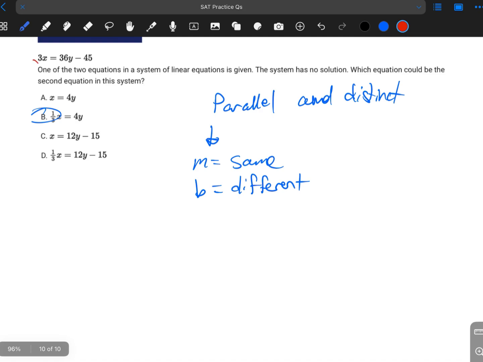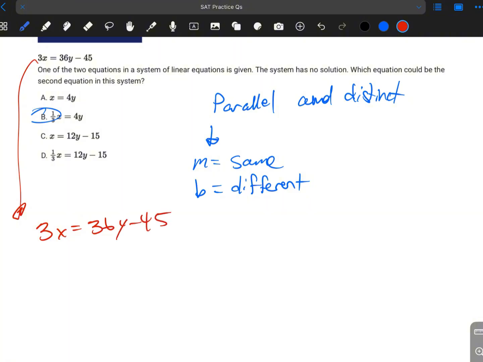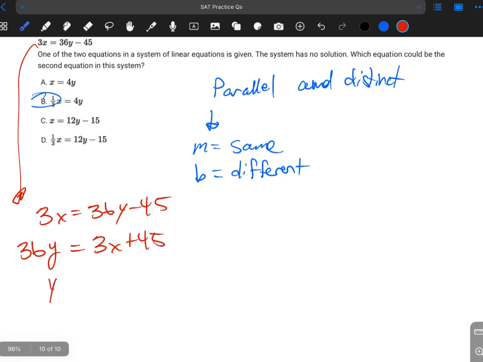So let's start by rearranging the equation that they give us. They say 3x is equal to 36y minus 45. And so that says 36y is equal to 3x plus 45. And y is equal to 3x over 36 plus 45 over 36.